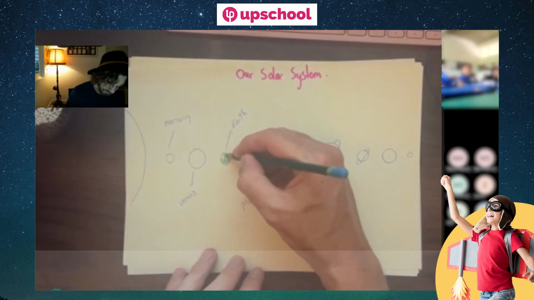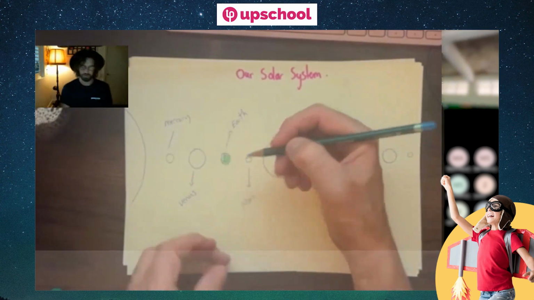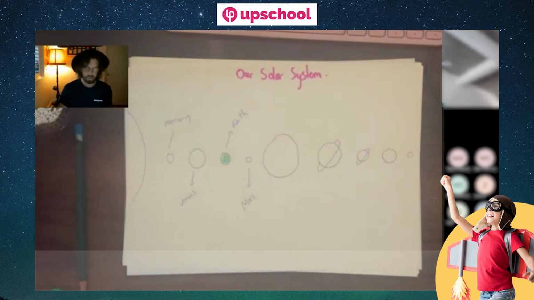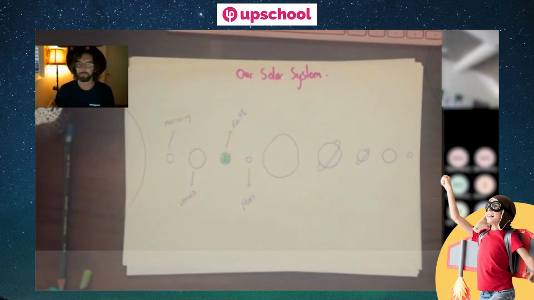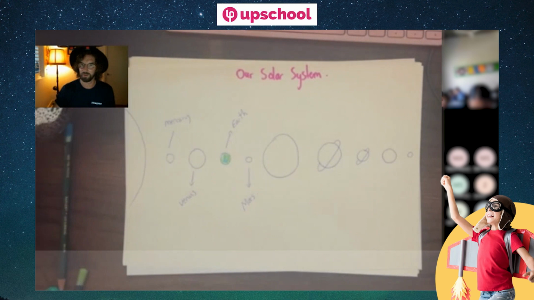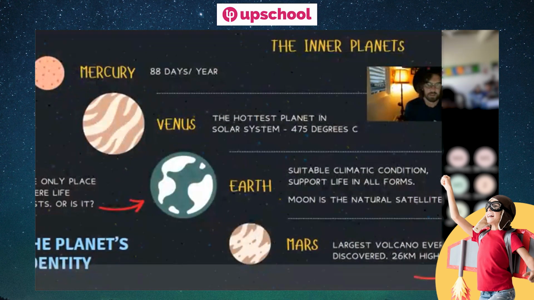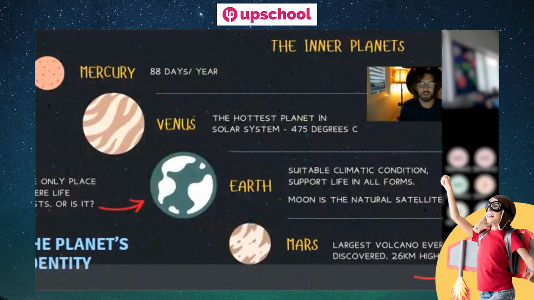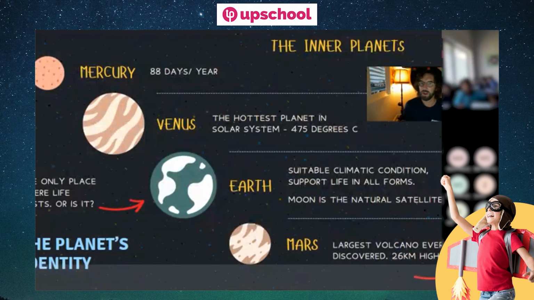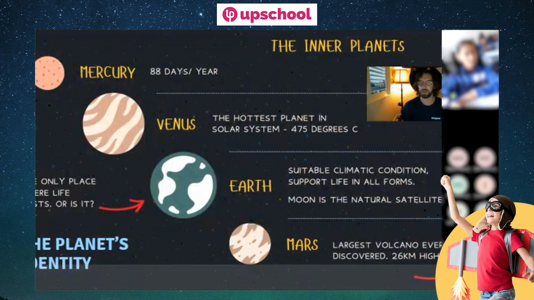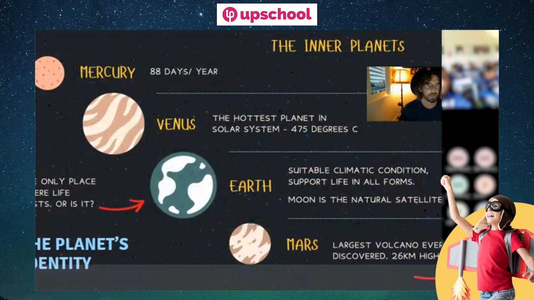Give your diagram a little bit of color to make it more attractive. And you might want to write down a couple of notes along the way. So let's go back to my diagram right here. The first planet to talk about, guys, is Mercury. Now, I want you to take some notes down here. I want you to take some notes down as I speak to you guys. So Mercury.